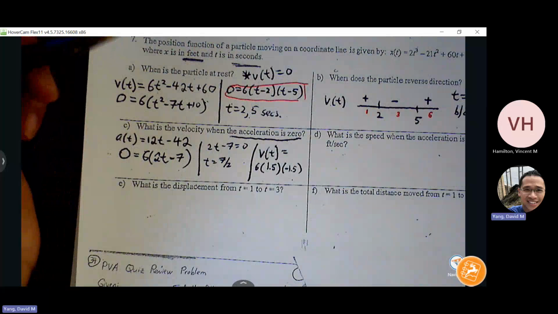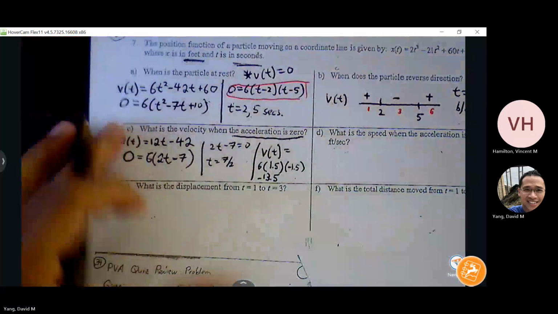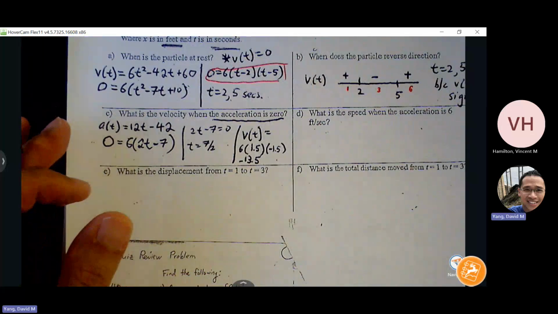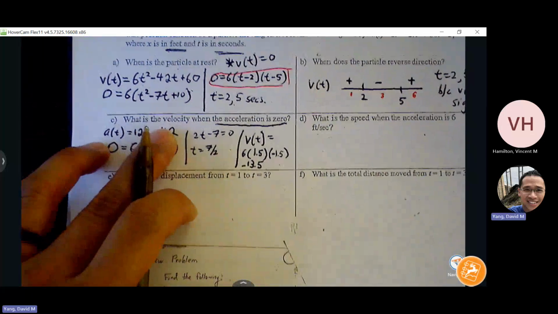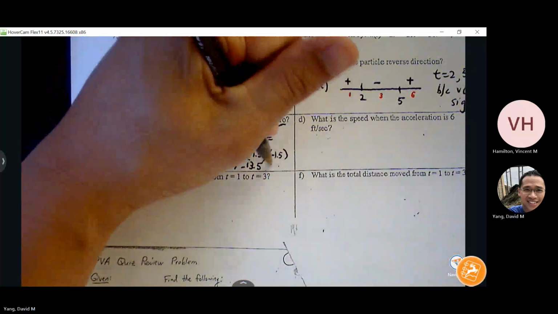Ends up being negative 13.5. Units of measure is feet per second, since velocity is change in distance over change in time.